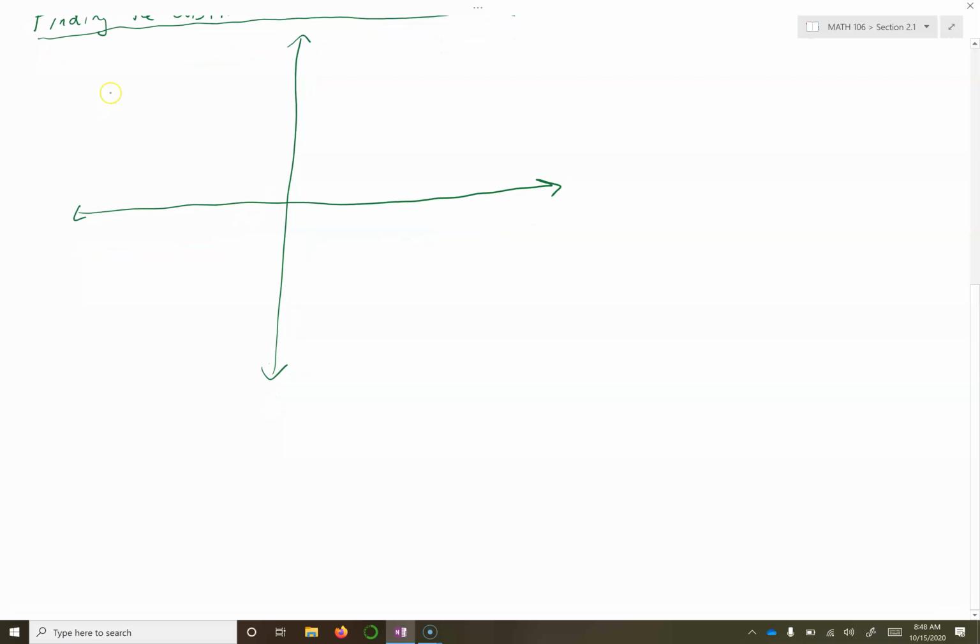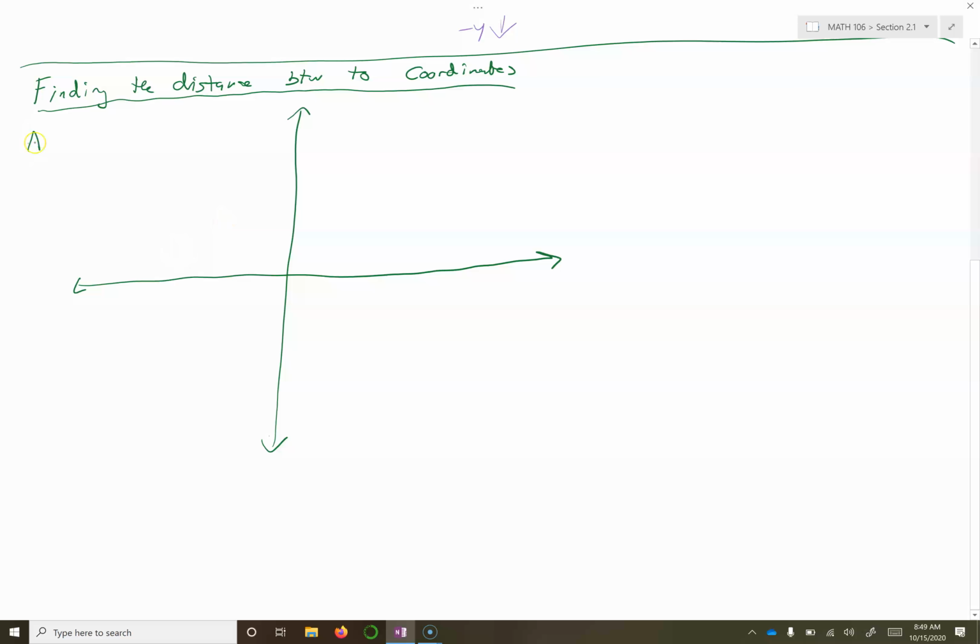I'm going to label 2 points here. I'll just define them over here. Let's label a point A (1, 3), and then a point B (5, 1). So we're all going to be in the first quadrant. So 1, 2, 3. So here's A. That's (1, 3). And then (5, 1): 1, 2, 3, 4, 5.